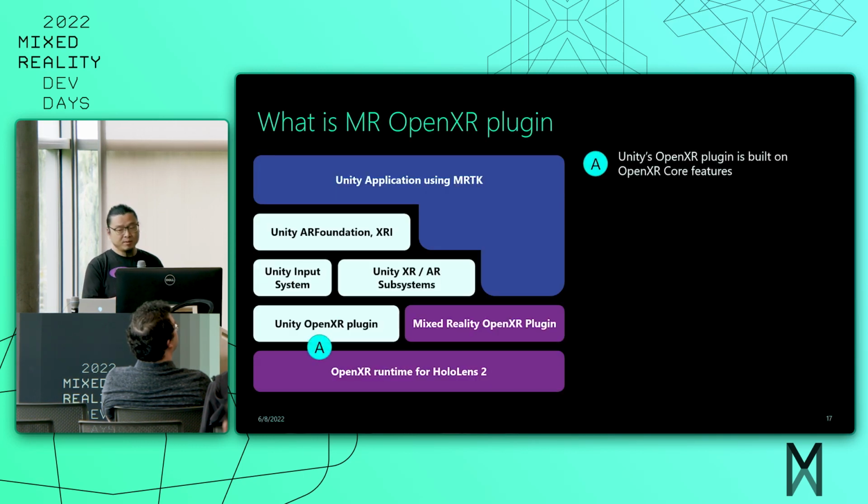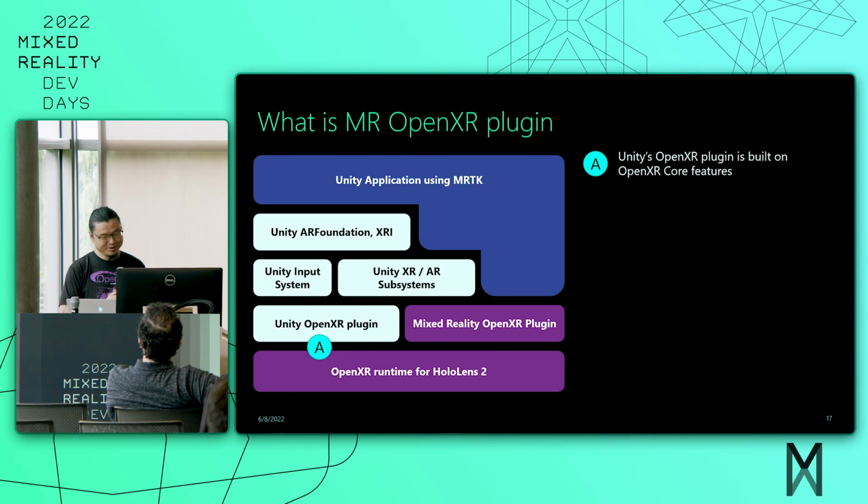First, I would like to give a detailed breakdown of the OpenXR plugins in Unity. On the left-hand side, we have the Unity OpenXR plugin, which is built by the Unity XR team and distributed by Unity. You can find it in Unity's package manager, called OpenXR plugin, and it integrates most of the OpenXR core features and cross-platform extensions.